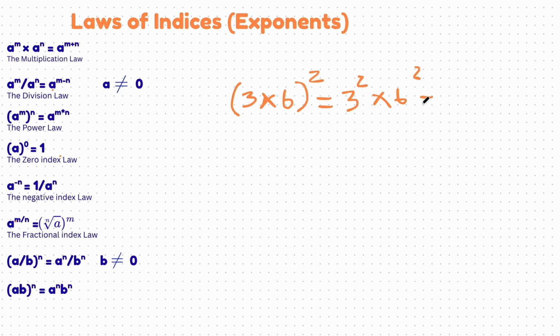This would be equal to 3 to the power of 2 is 9 times 6 to the power of 2, that is 36. And 9 times 36 is equal to 324.